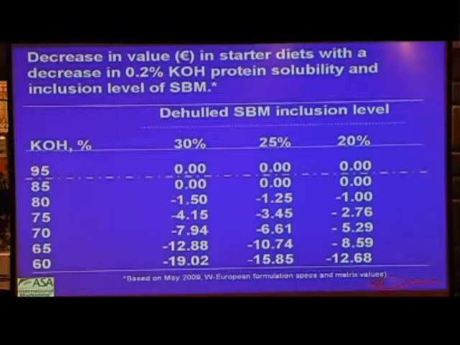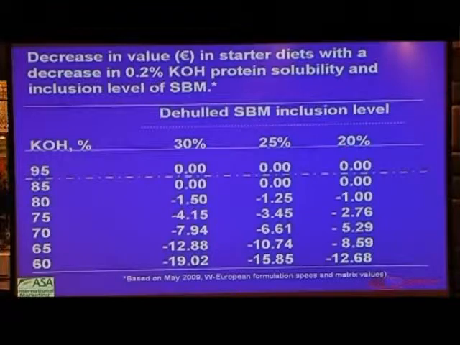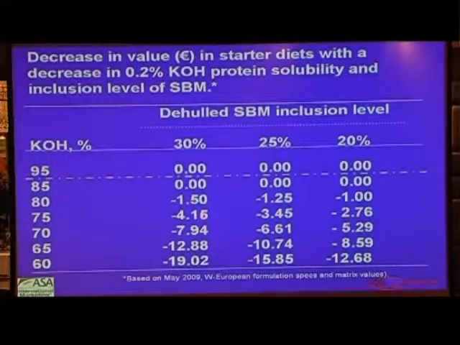When you do that, as you can see here, I decrease my KOH solubility of the soybean meal, and here's in essence, depending on the inclusion level, 30%, 25%, or 20%, the money that a lower KOH than 80 or 85 in essence can cost you.